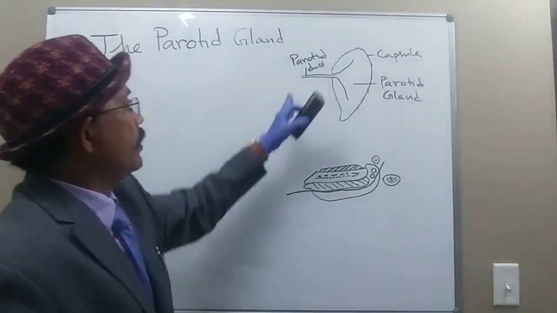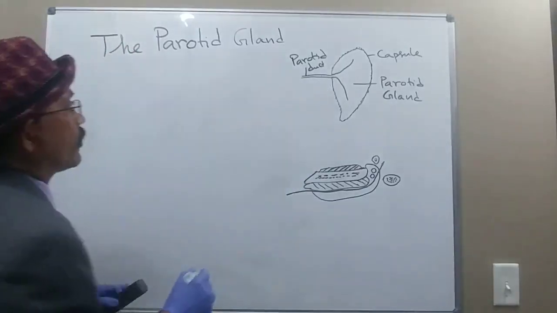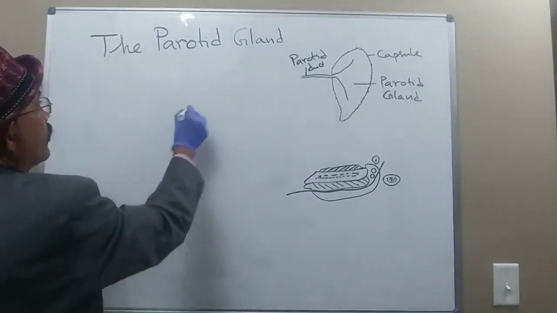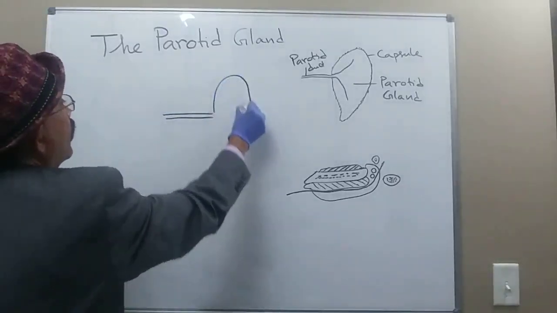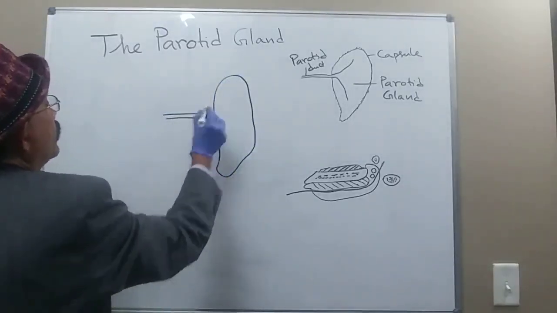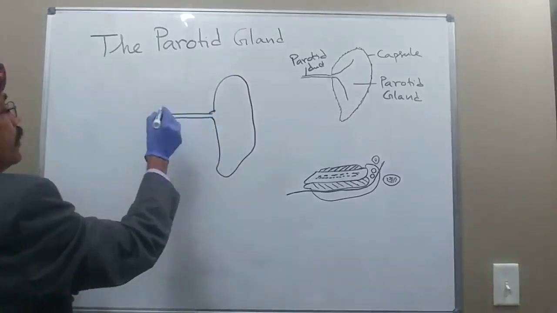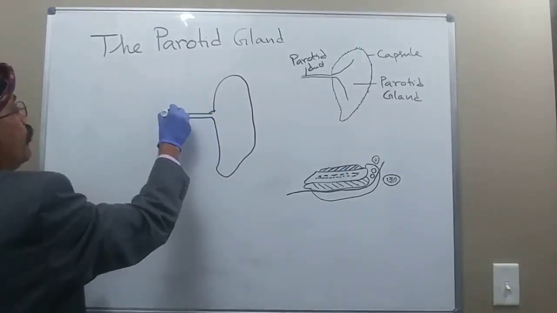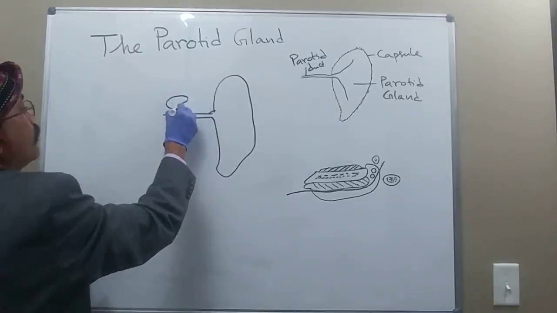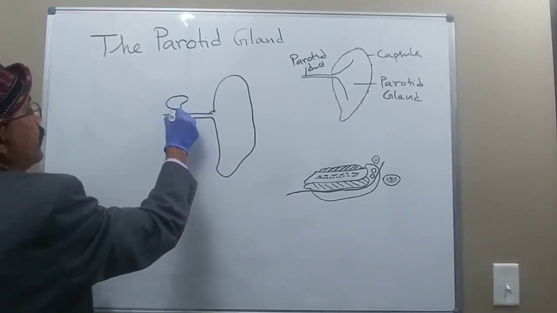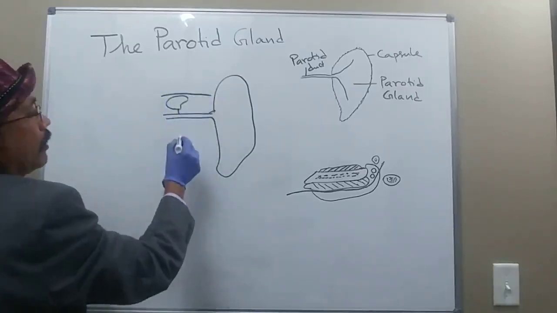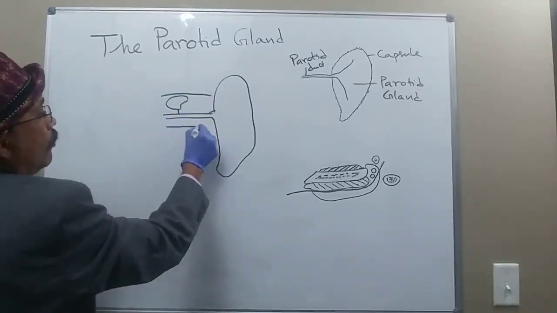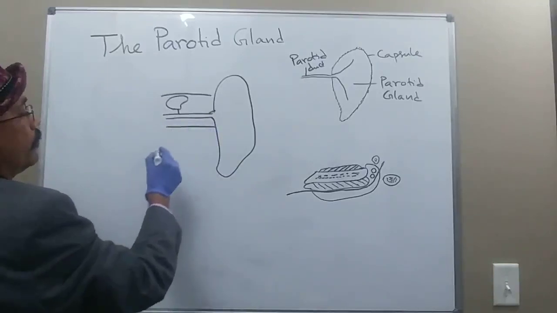The parotid duct has some relationships. Some structures are above it. We may have the accessory parotid gland. The duct is here. We have the upper buccal branch of the facial nerve and the lower buccal branch of the facial nerve.